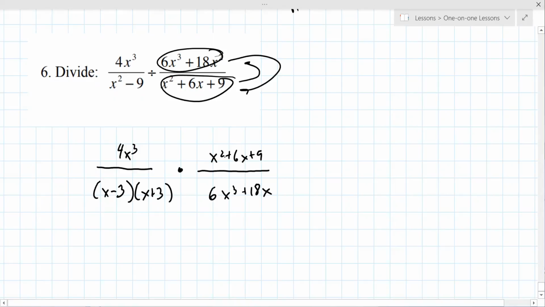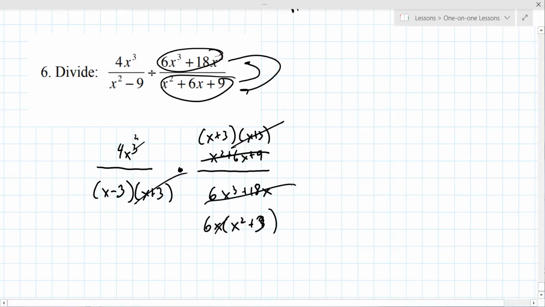A technique I like is to actually write it above or below it. So the top is x plus 3 times x plus 3. And the bottom here is 6x times x squared plus 3. So x plus 3 cancels with x plus 3. One of these x's cancels with one of these, so that means there's 2 x squareds there.